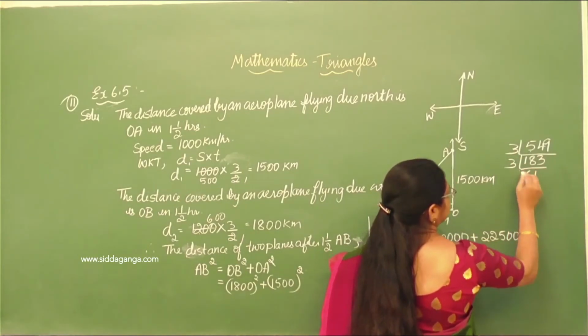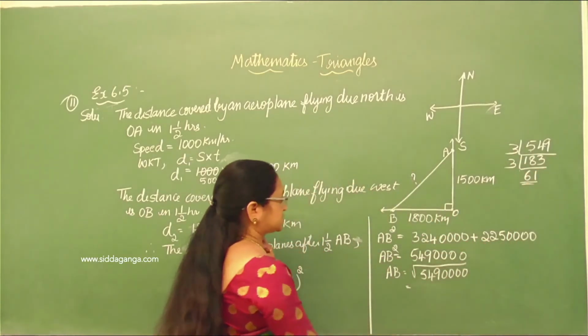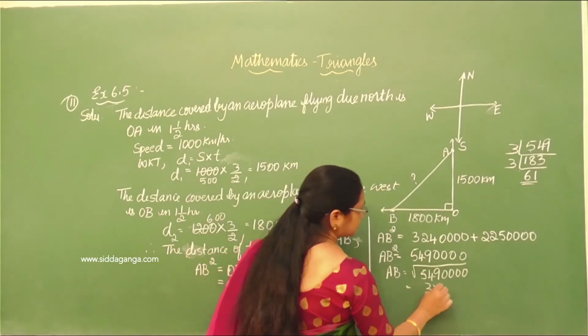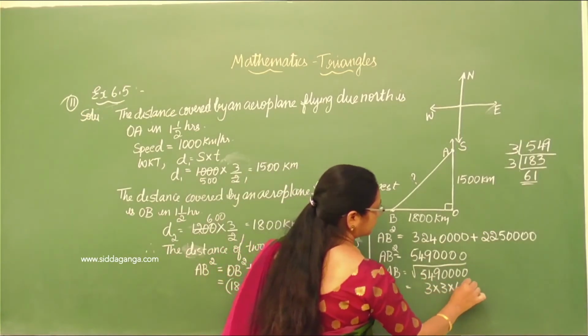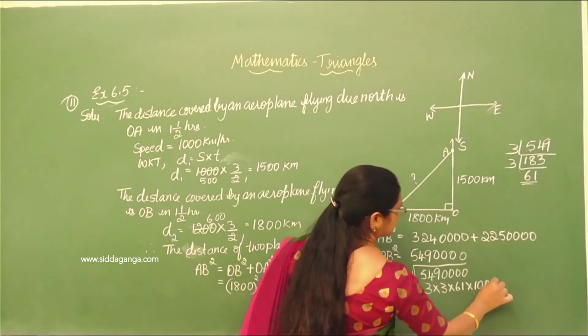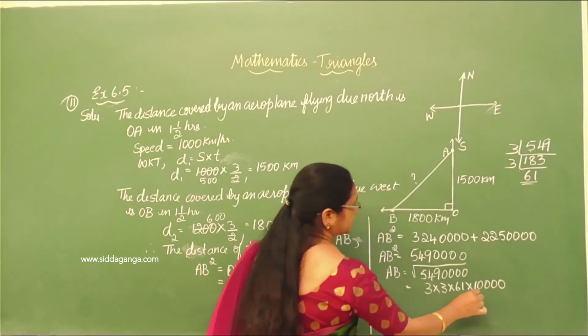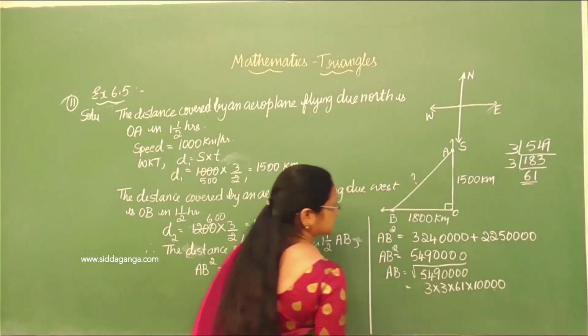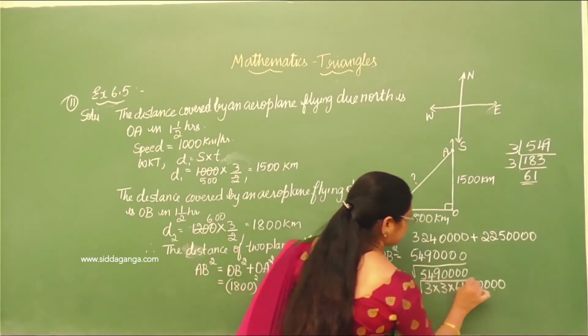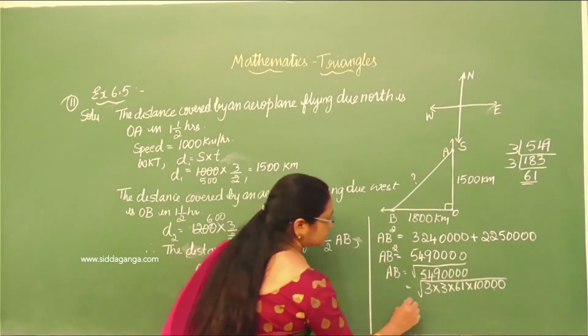Now 61 is a prime. So this can be written as 3 into 3 into 61 into 10,000. Correct? So this square root, and you all know how to take it out.